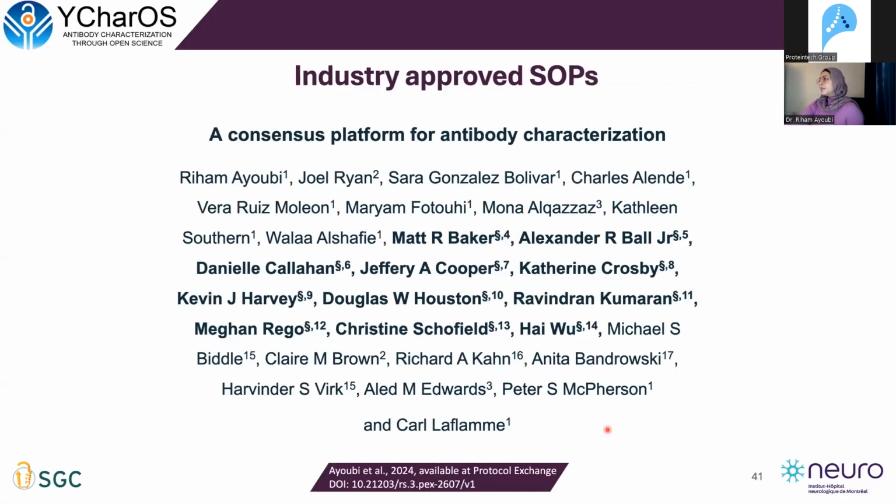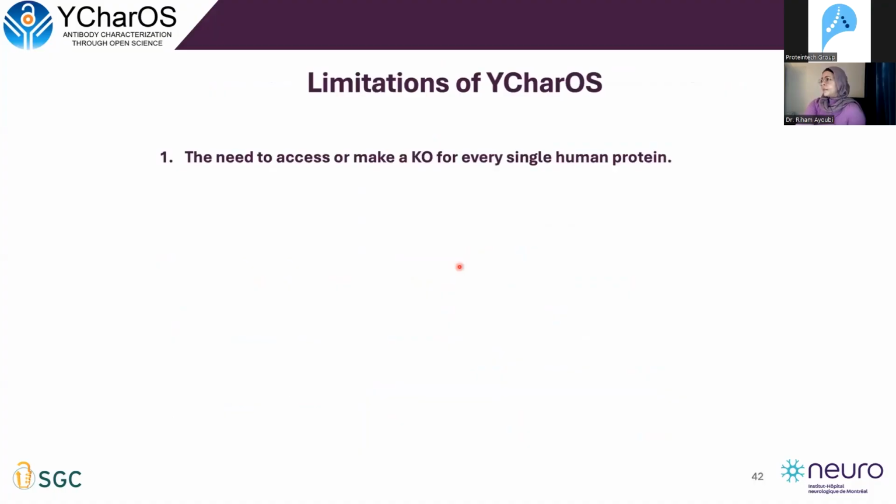Going back to the robust procedures and the importance of that, even for an effort like YCharOS, all of YCharOS's efforts wouldn't have been possible without consensus procedures approved and supported by all the industry partners in bold here. With all that mentioned, YCharOS has a lot of strengths, but also limitations, like the need to make a knockout for every protein we work on.